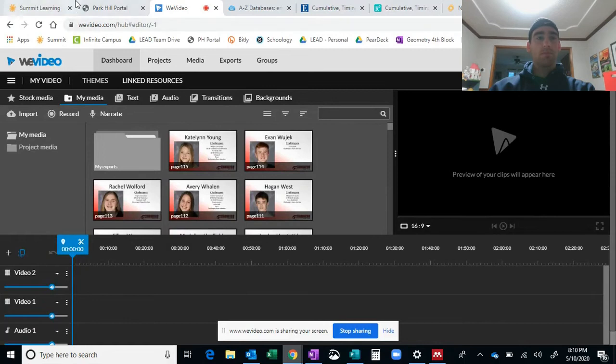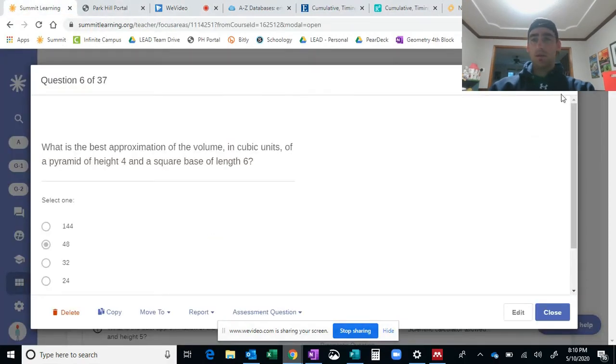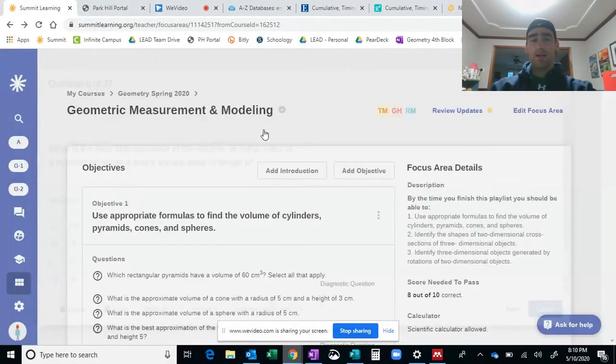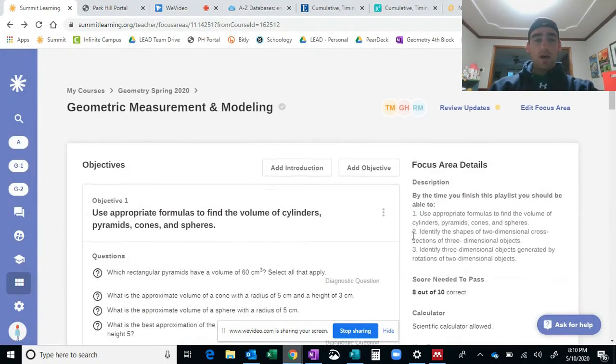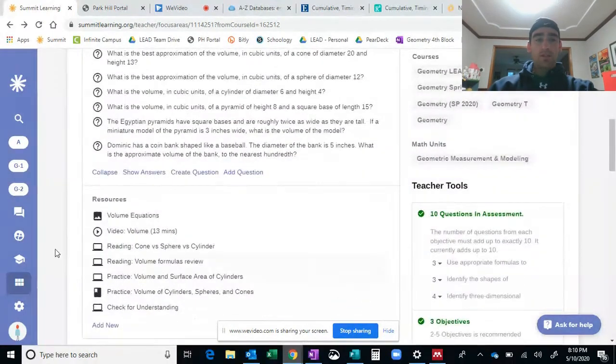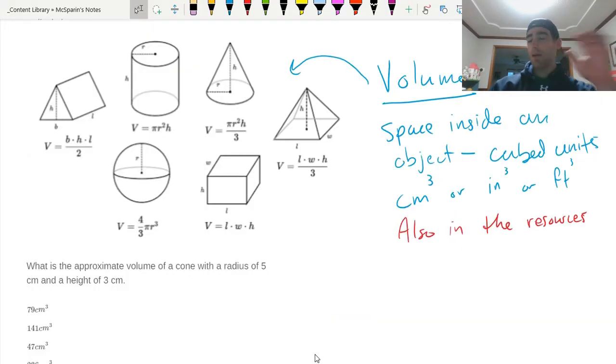Okay, so there's Summit. So you see volume equations right there. I put that there. That is the same as what you see in today's video. Please copy those down and keep them near you. You can use notes on the PFA.